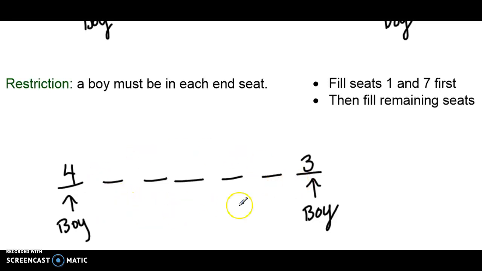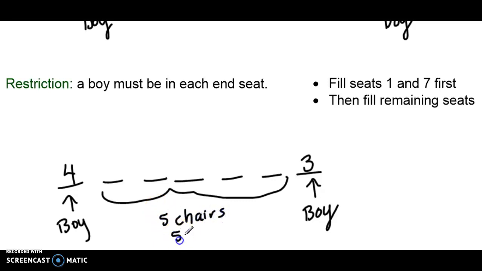There are no other restrictions in this question, so what we have are 1, 2, 3, 4, 5 seats remaining for 5 people. 5 chairs, 5 people. No distinction whether it's boys or girls.